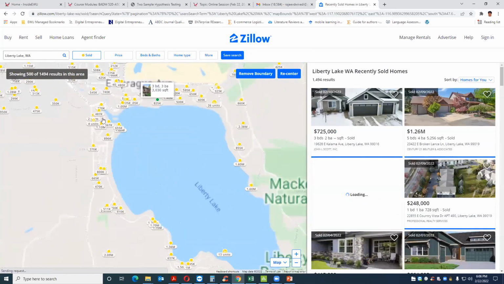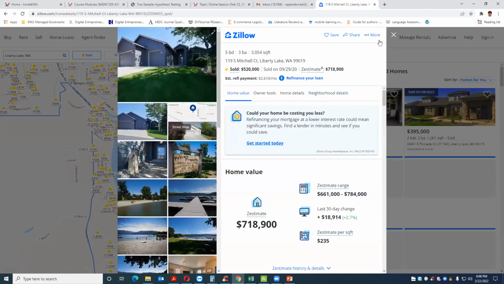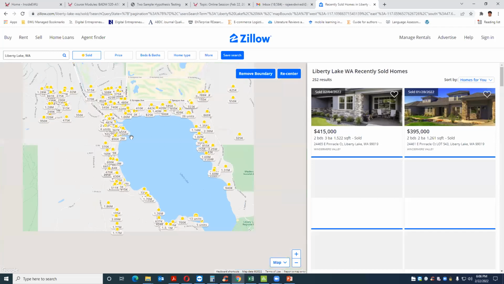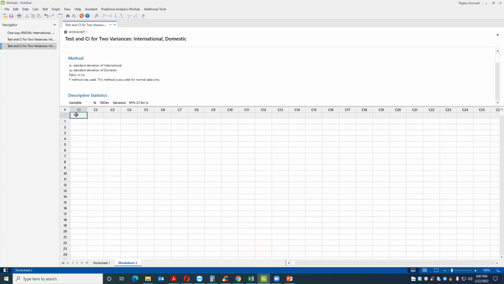I can do the same thing. I can go and get the housing prices recently sold, and I can put them in Minitab. So here, for example, I am just going to put Spokane, and you are going to collect Liberty Lake.